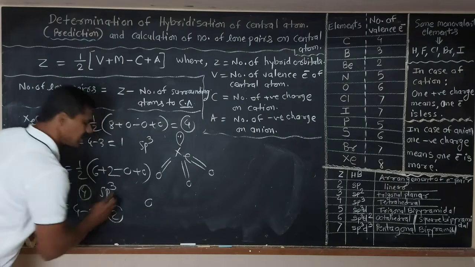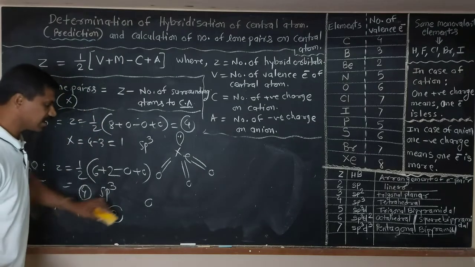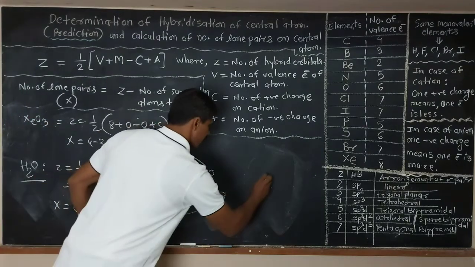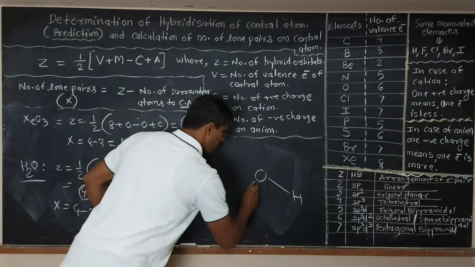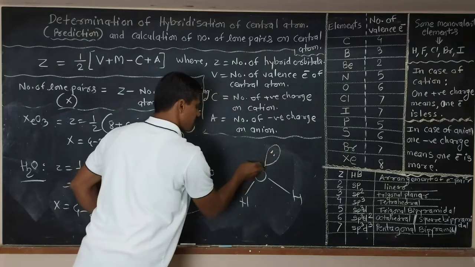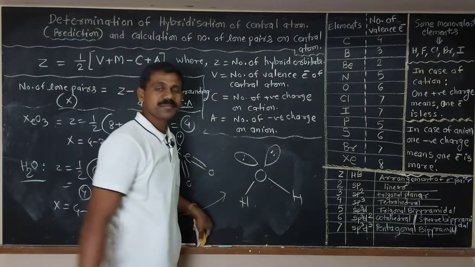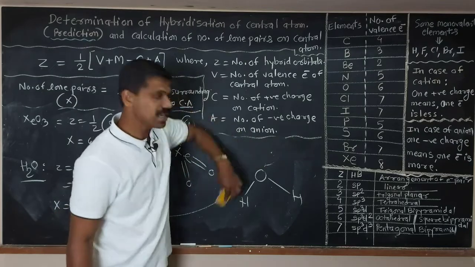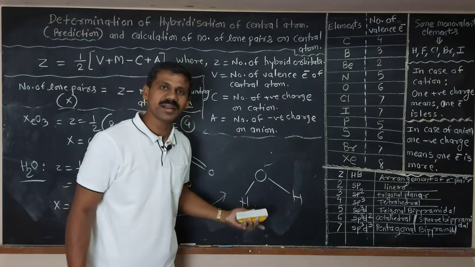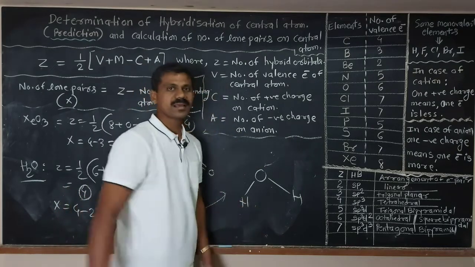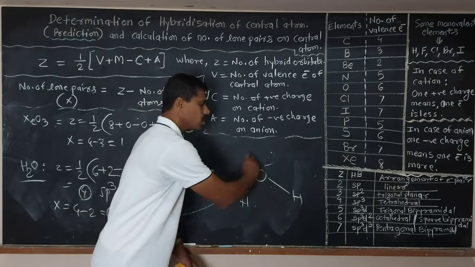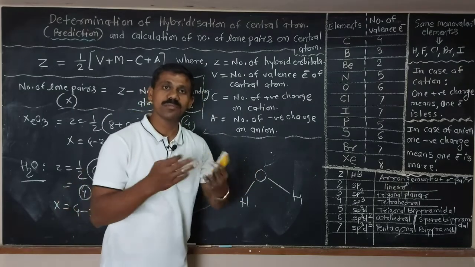Oxygen arrangement is tetrahedral. Central oxygen, these are the 2 bond pairs, these are the 2 lone pairs. What is the geometry? Tetrahedral. Shape, bent. Bond angle decreases due to repulsion between 2 lone pairs.